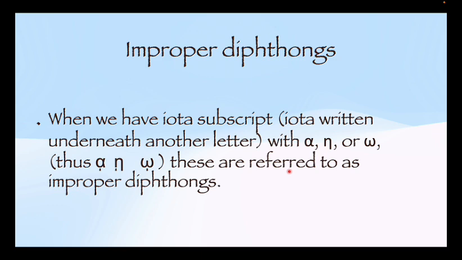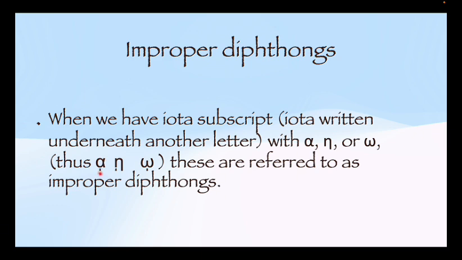So we have seen the proper diphthongs. Now let's look at the improper diphthongs. The improper diphthongs are when we have iota subscript. Iota subscript means iota written underneath another letter, an alpha, an eta, or an omega. This is how the iota subscript looks like.